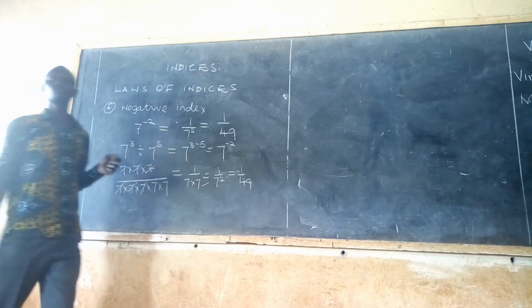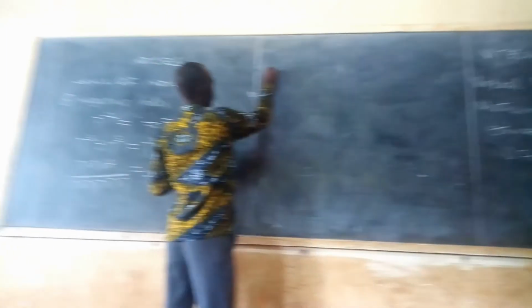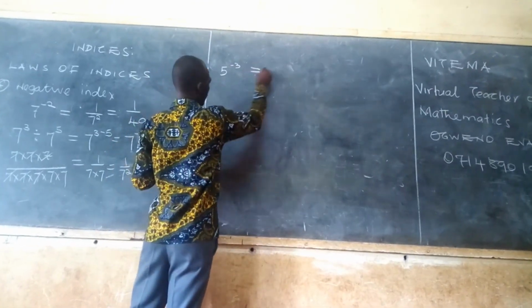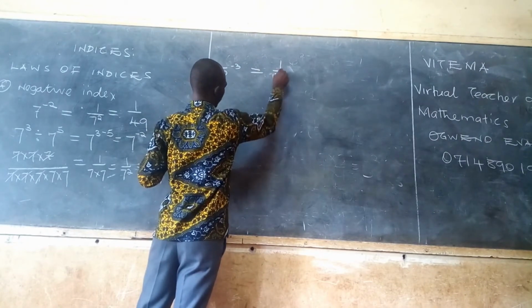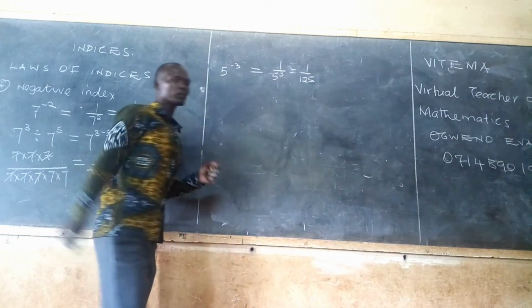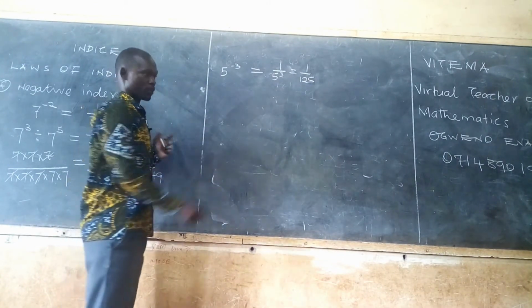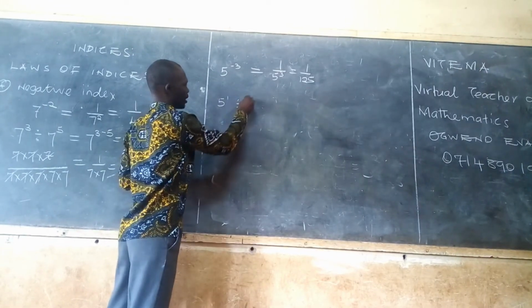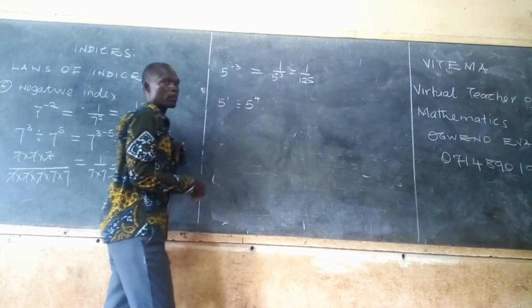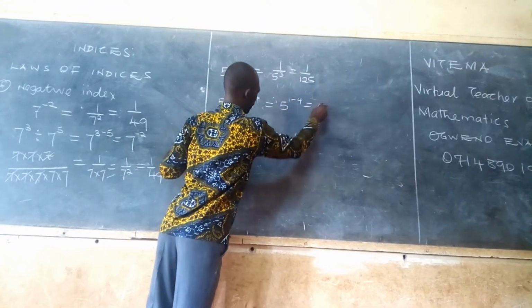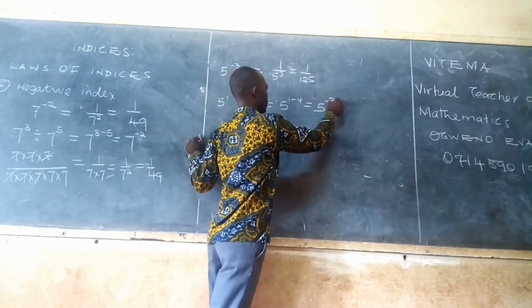Another example. If I gave you 5 to the power negative 3, I am saying this one is 1 over 5 cubed, which is 1 over 125. How come? Suppose I gave you 5 to the power 1, divided by 5 to the power 4, it should be 5 to the power 1 minus 4, which is 5 to the power negative 3.